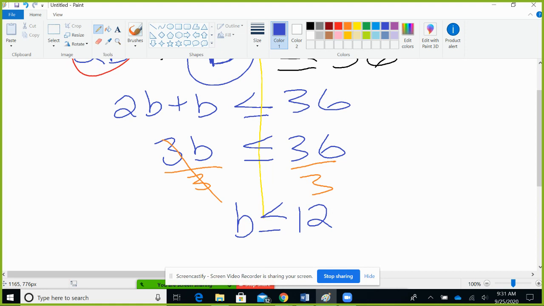So now, we're not quite done. We know what B is, but what's R? So B is less than or equal to 12. What's red?